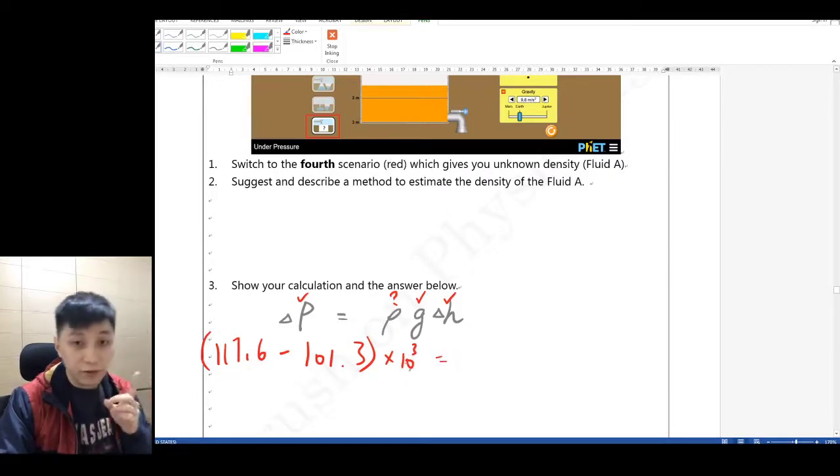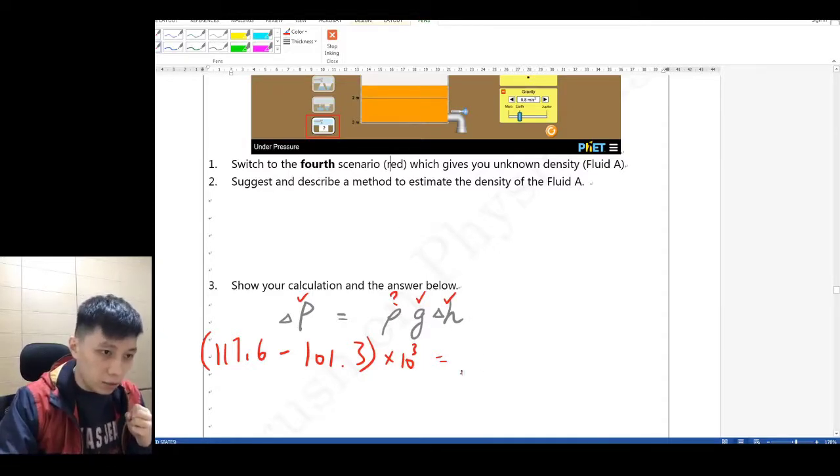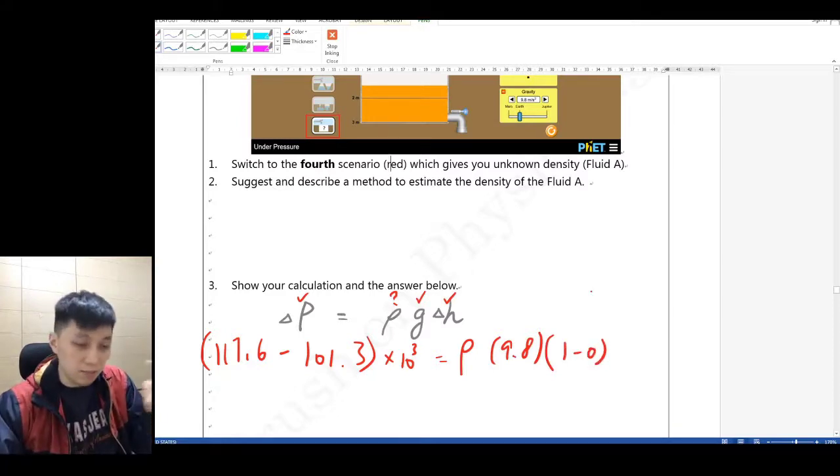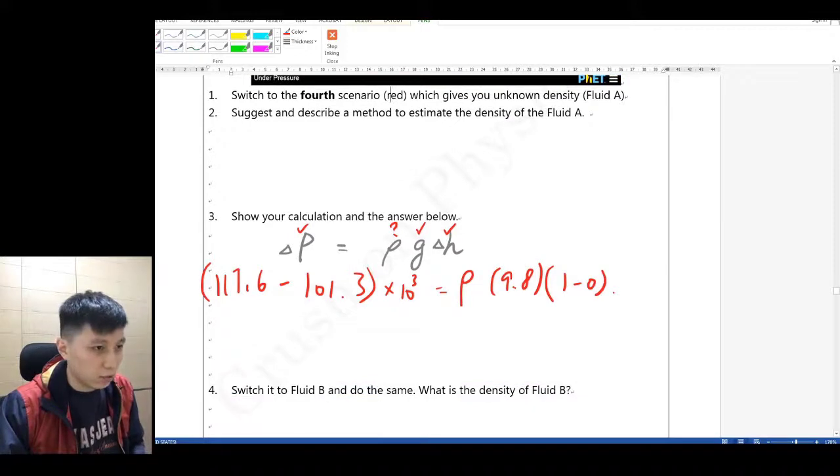This is something you have to be careful about always in physics. And then rho is the unknown. g is 9.8 according to the simulation. h, if you really like to say, 1 minus 0. It is in meters, so very good in SI unit.